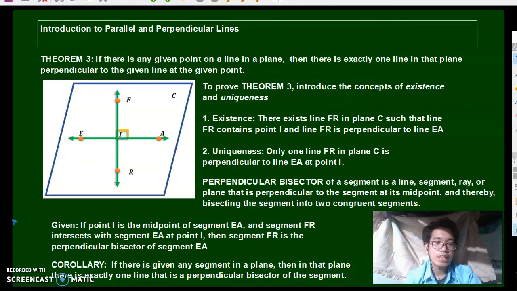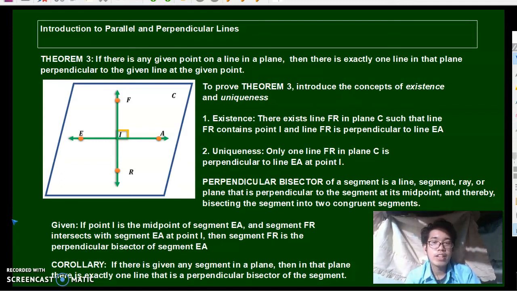And we also have uniqueness. Only one line FR in plane C is perpendicular to line EA at point I. So that means line FR is the only line there that is perpendicular to line EA at point I in plane C. Okay, so there's only one unique line.